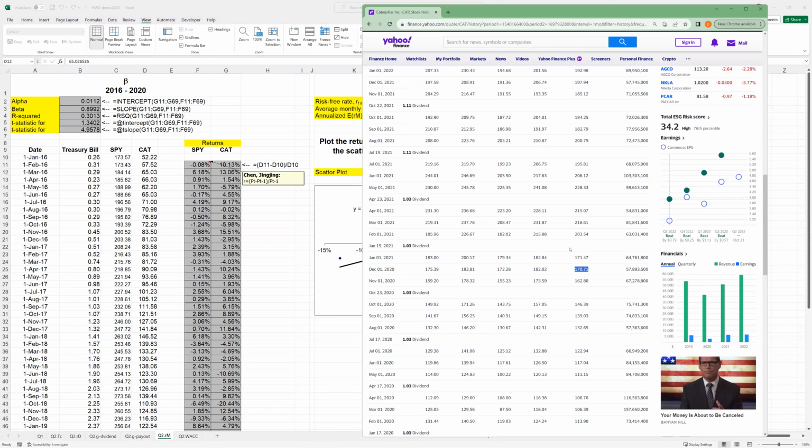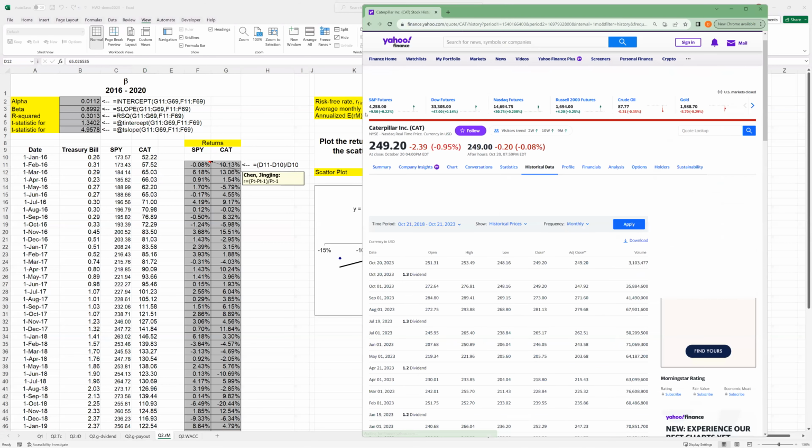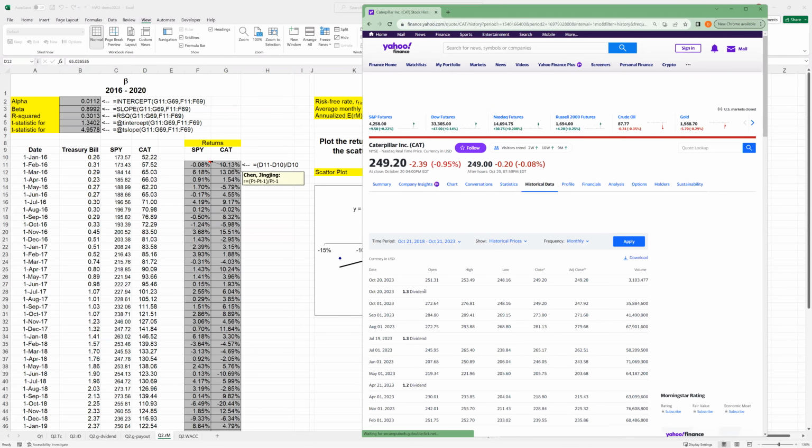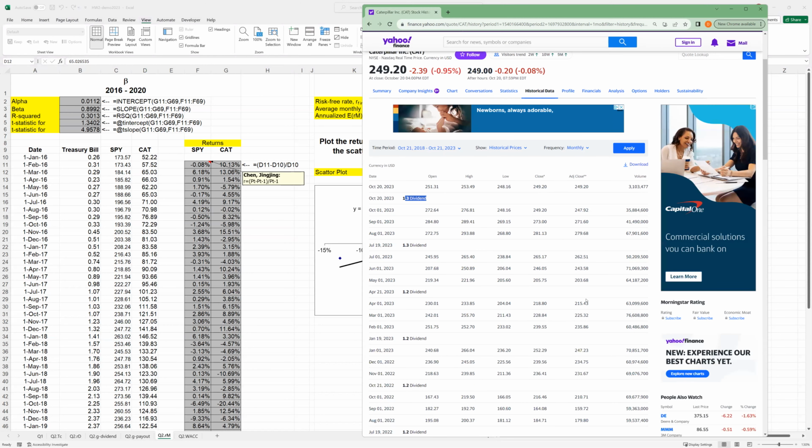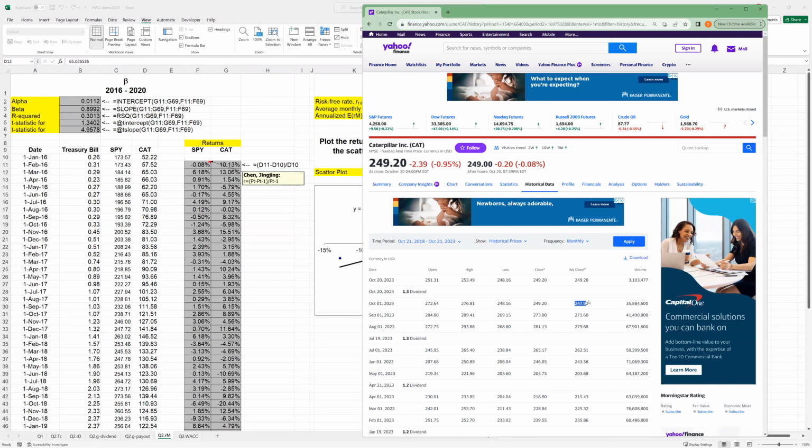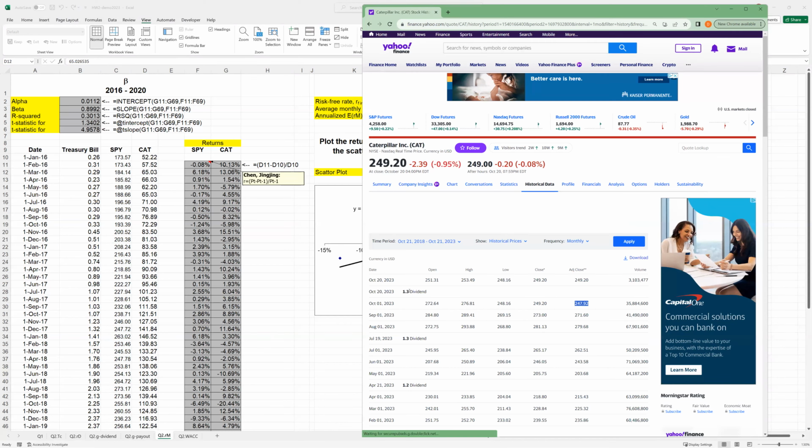Every time Caterpillar issues a dividend, the adjusted close price here will be adjusted. The open and high stay the same, but the adjusted close price will adjust such that it incorporates this 1.3 dividend.